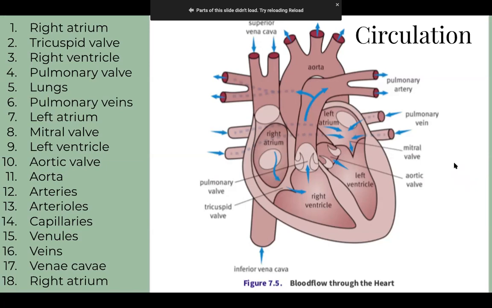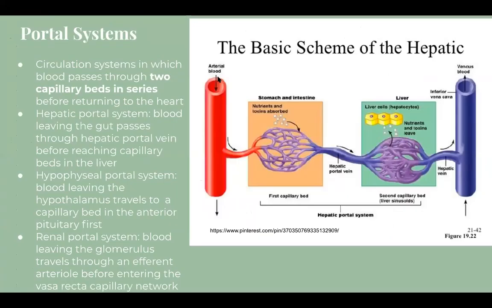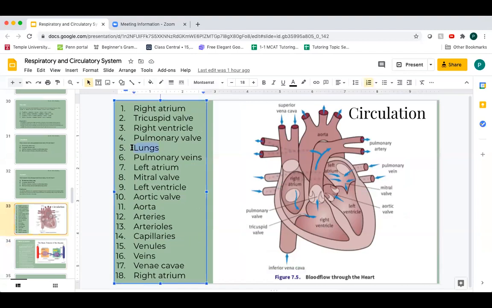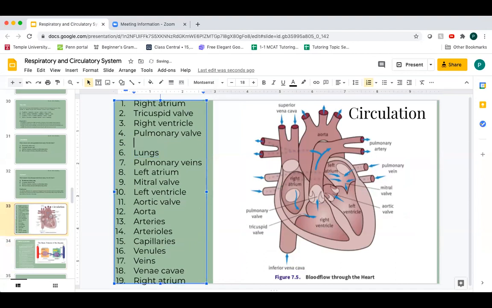So shouldn't 6 be before 5? Pulmonary valve, pulmonary vein. Ah, you're right. Okay, let me fix that right now so I don't forget. Oh, I'm actually missing one.